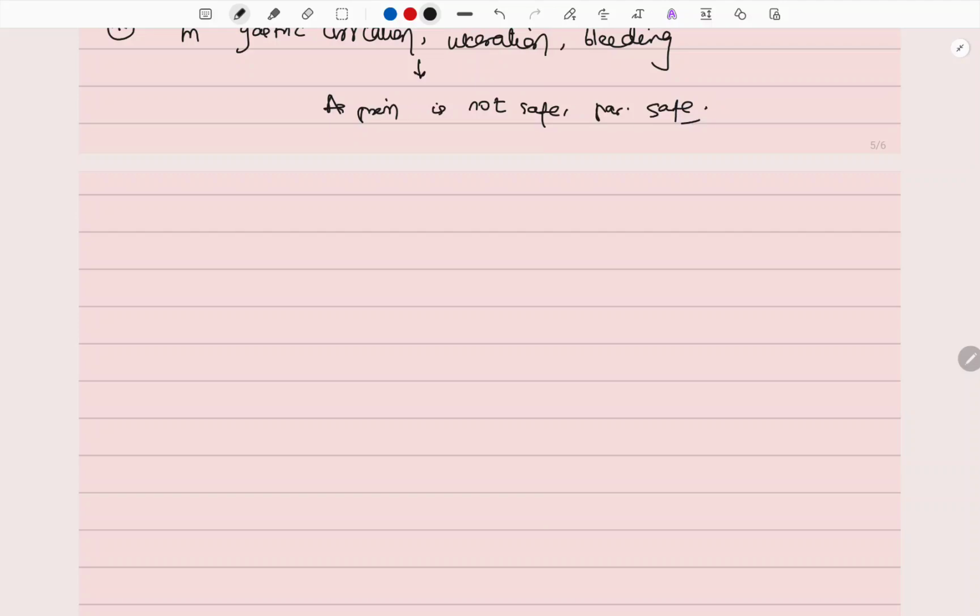I have written already that no metabolic effect, no acid-base disturbance occurs. And paracetamol can be given to all age groups, and also to pregnant and lactating women. So it is very important.